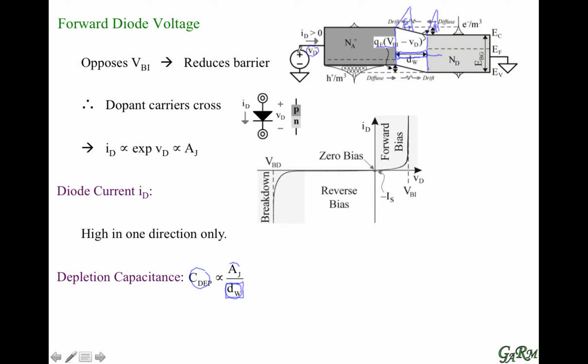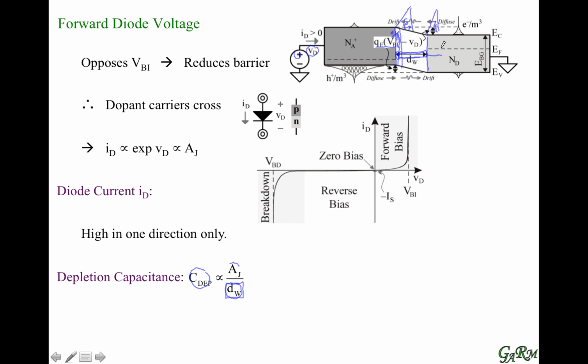With a forward voltage, when we have a positive voltage here, we're tending to push these holes into the junction, so the edge of the depletion region kind of pushes in, and as a result it decreases the depletion width.